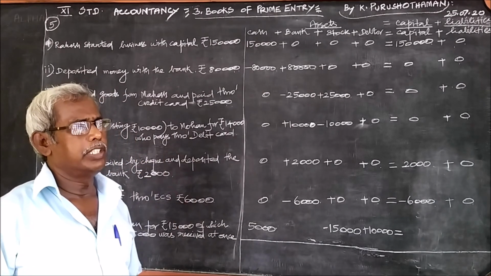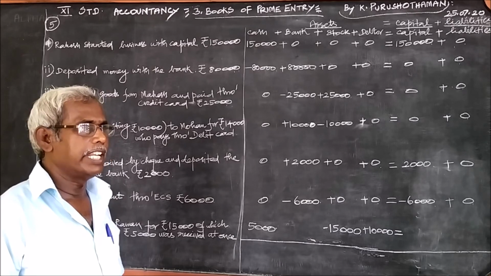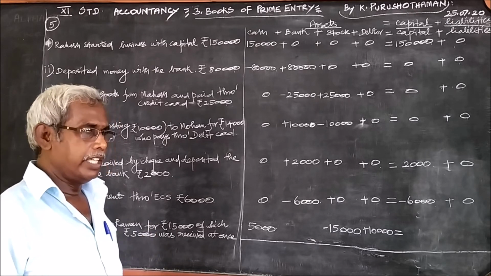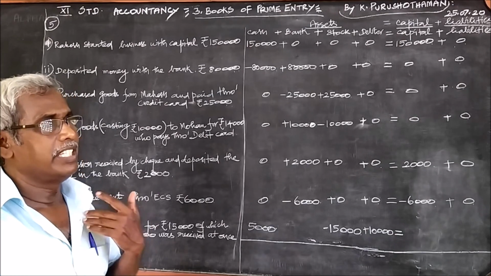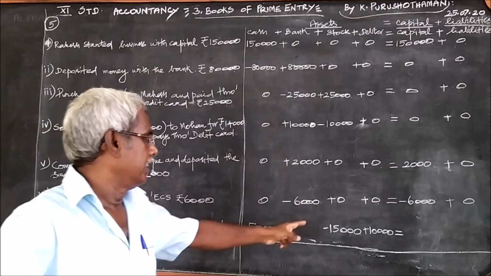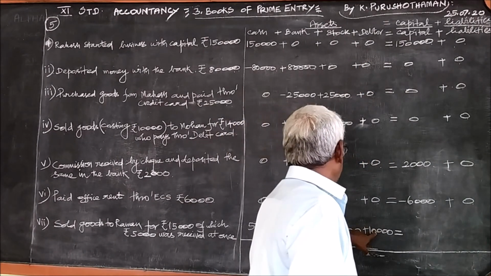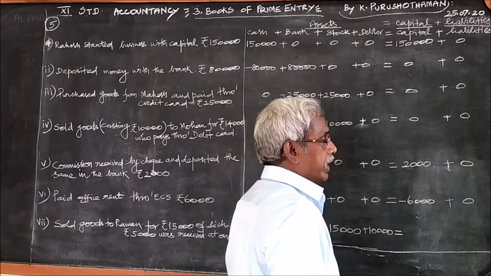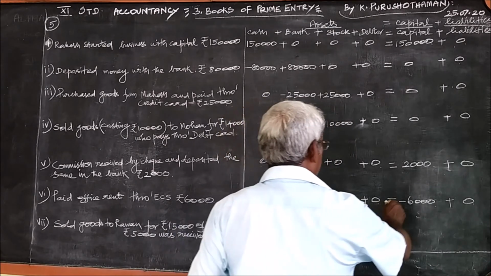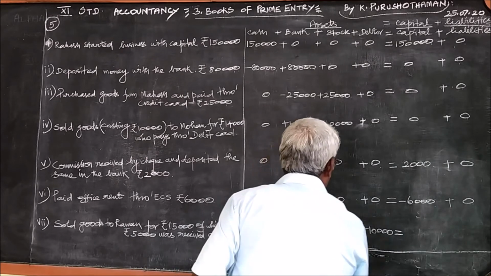What about the remaining 10,000? It will be recorded in the name of Raman. Here, Raman is a debtor. So that 10,000 is the debtor. So 10 plus 5, 15,000 minus 15,000, 0. Left hand side 0, right hand side is also 0. For the rest of the items, we put 0.